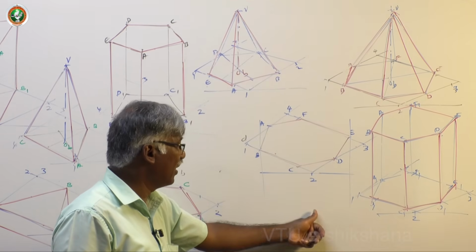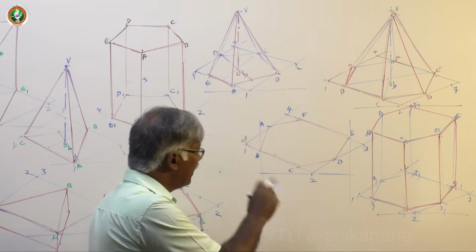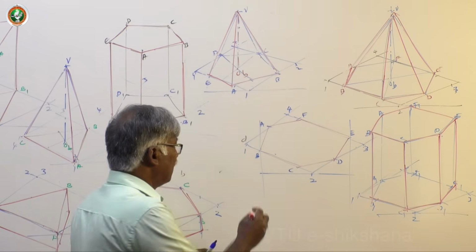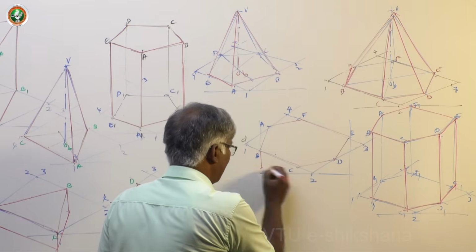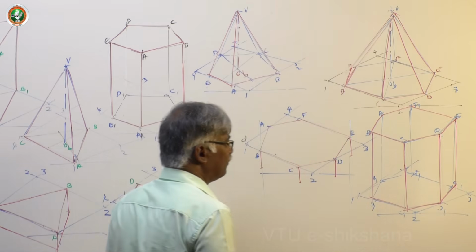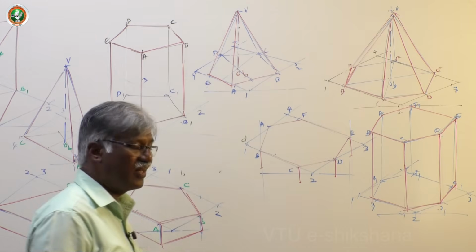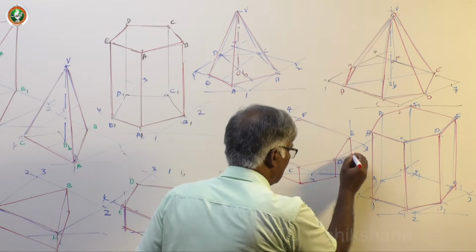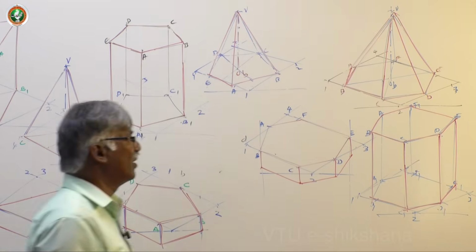For a given thickness, say 10 mm or 15 mm, draw vertical dotted lines and then join them. That's all. Within no time you can complete the block.